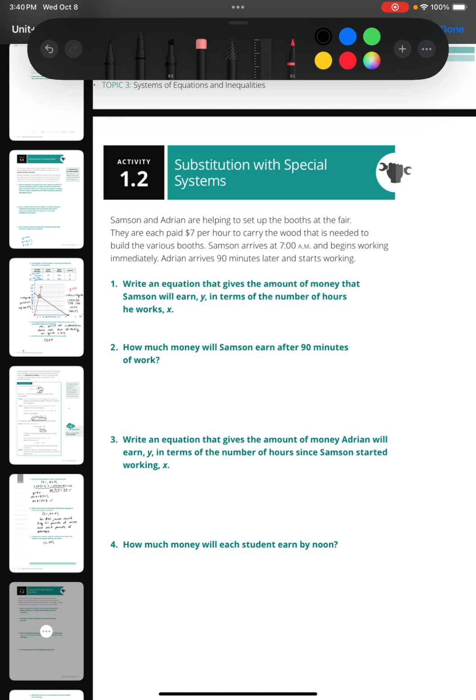So Samson's the one arriving first, so his equation, y, the amount of money he will earn, is equal to $7 per hour times x, the number of hours. So how much money will Samson earn after 90 minutes of work before Adrian's even showed up? Well, 90 minutes is 1.5 hours, so 1.5 times 7. He will have already made $10.50.